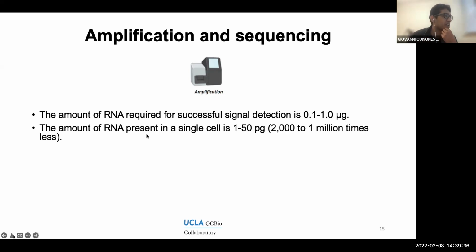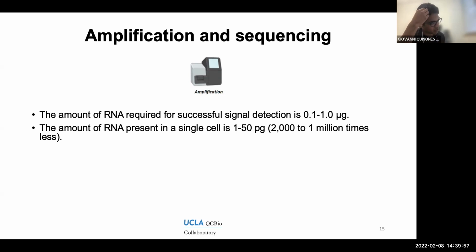However, the amount of RNA that is present in an individual cell is very, very small. Typically it ranges between 1 to 50 picograms. This ranges because depending on the type of cells, some cells are much bigger than others.